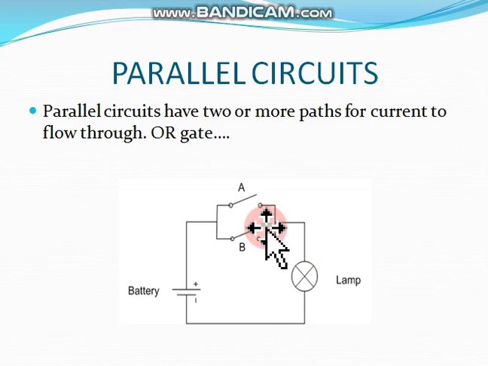Same way, if switch B was open and this switch here was closed, it will still use this other path and still find the lamp and light it. So it can have more than two, not limited to two, but not one either. So get this logic. It's what the OR gate or OR laws use. So this circuit is an OR gate equivalent circuit.